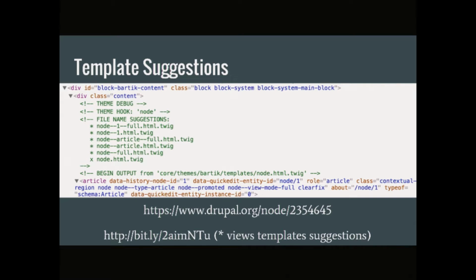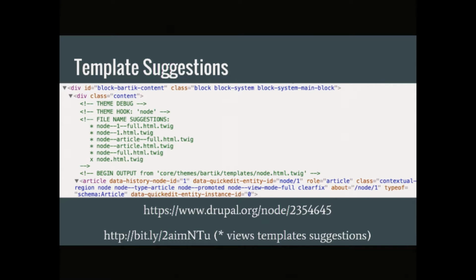One thing to note here is that in the screenshot, I only have the suggestion for the node template, but again, when you see the whole page, you will see suggestions for every level, like for the nodes, for the fields, or if you go upward, for the blocks, for the views, for the page, and so on. So this is one of the many comments that you will get in one specific page.